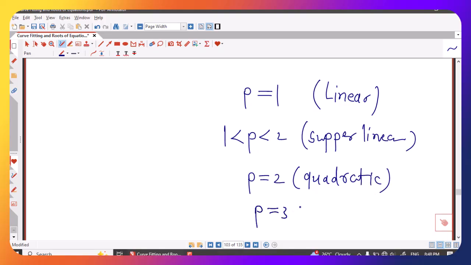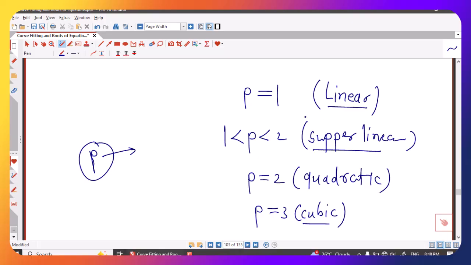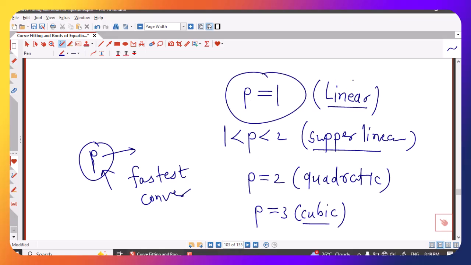If p equal to 3, the convergence is cubic. A higher order of convergence gives faster convergence. For p equal to 1, linear convergence is slow compared to quadratic convergence.